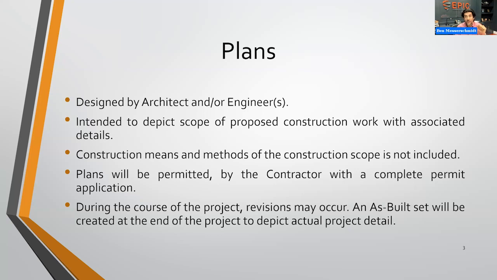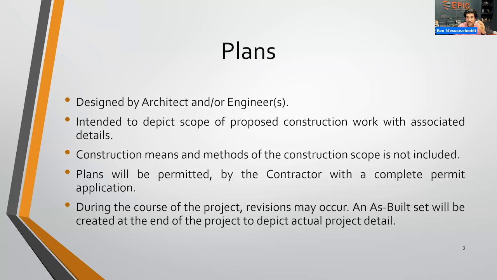So some evaluation is performed. A bid form is then developed, and an RFP, request for proposal, is then established by the architect or engineer and sent out to the bidders. Bidders come back. The association makes a decision based upon the normalization of that, and a bid set level of plans then gets turned into a permit set level of plans.